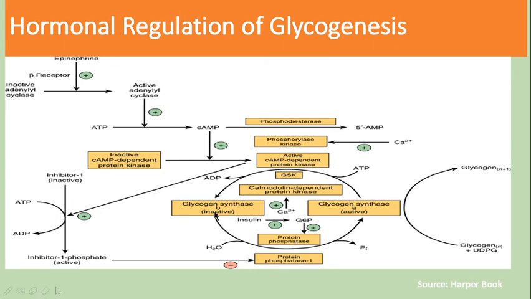This will remain inactive, so glycogenesis will not take place in the presence of the hormones epinephrine and glucagon. Whereas glycogenesis will be triggered in the presence of insulin. When insulin is present during the well-fed state, a greater amount of glucose will be present. This glucose in turn will trigger the stimulation of insulin and stop the epinephrine hormone.